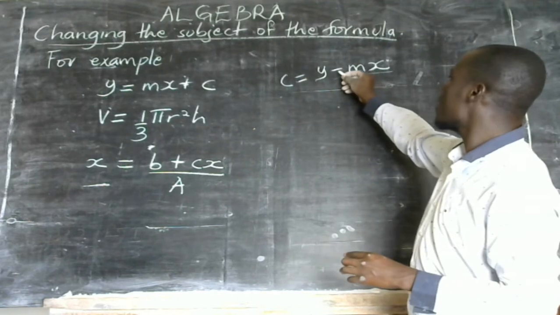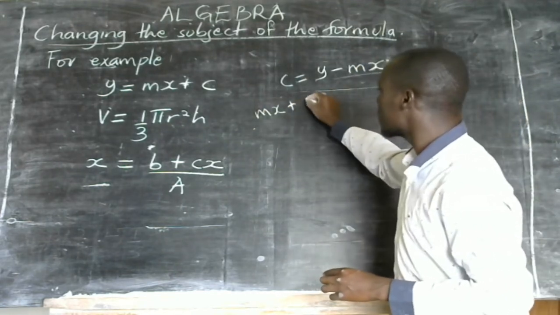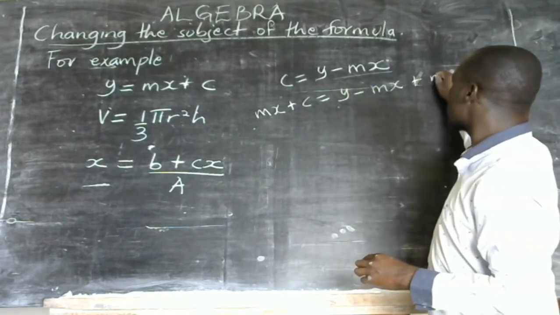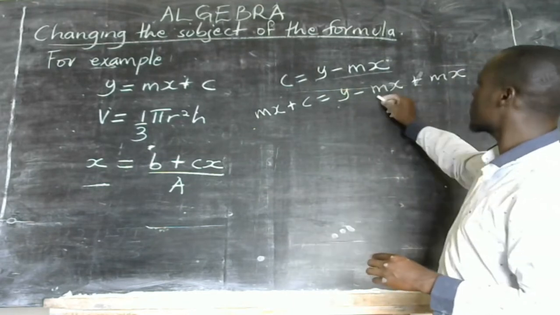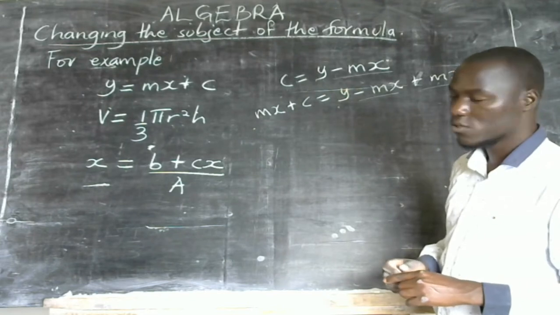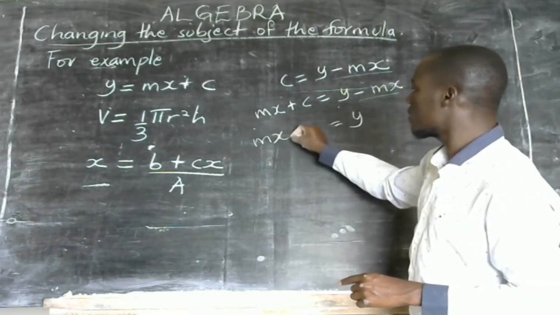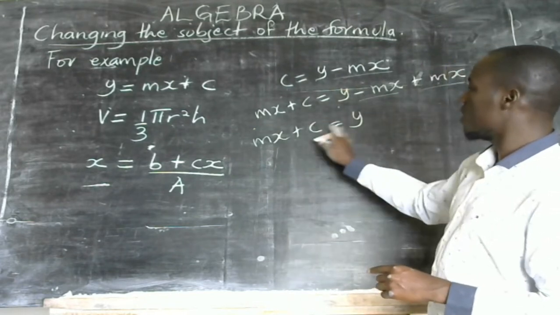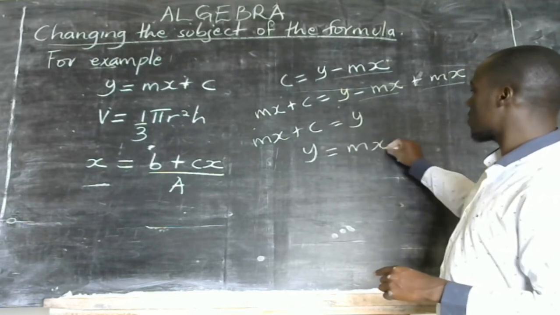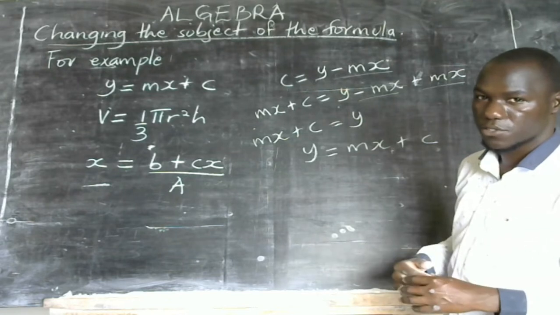So I add mx both sides. mx plus c is equal to y minus mx, then plus mx, such that this mx and that one there, they can cancel out, and then you have y to be equal to mx plus c. Then rearranging, this is going to be y is equal to mx plus c. So we just do reverse operations.